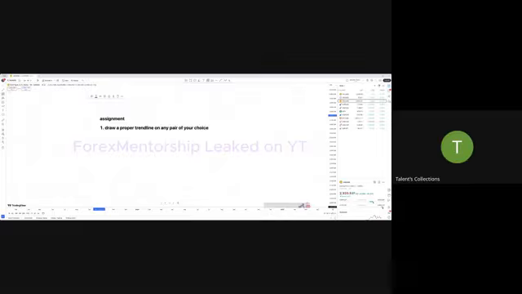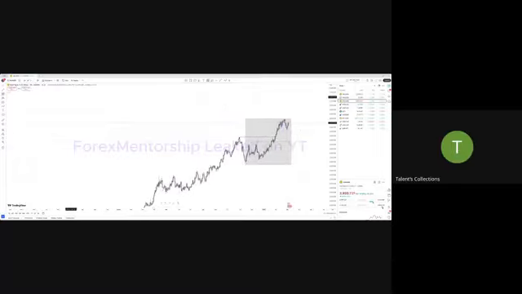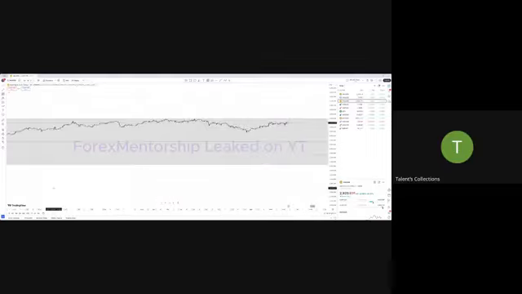Now, this could be an uptrend or a downtrend, anyone. On any pair of your choice, it could be on Forex, it could be on crypto. Draw a proper trend line, any time frame. It could be 15 minutes. Just go there. What I want to see is this. I want to see something like, let me use this as an example. Don't use my example as assignment though, please.